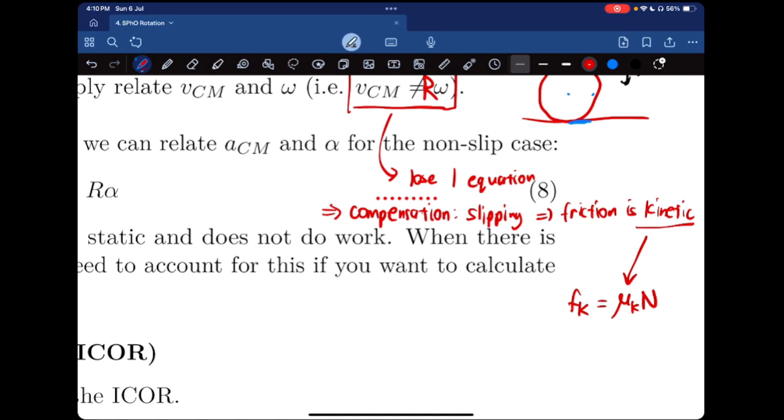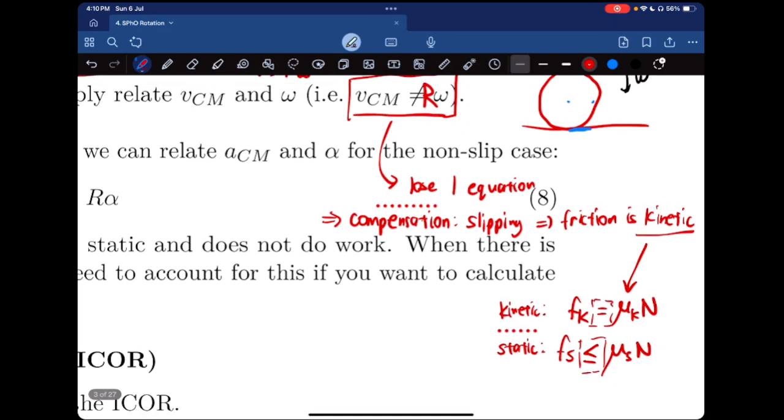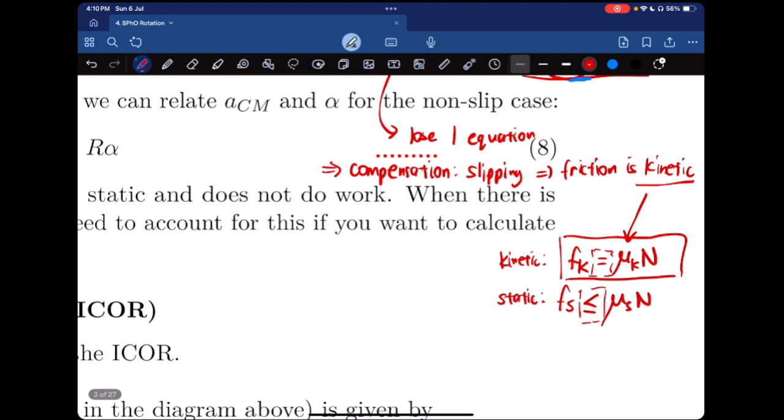Whereas for static friction, you can only write this. So notice that there's an inequality sign here compared to an equality sign. So actually, this is your compensation when something is slipping. You can write this equation when something is slipping.